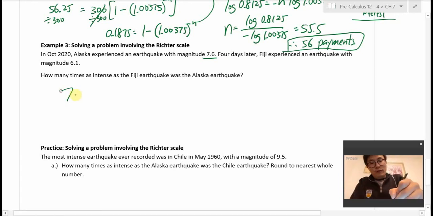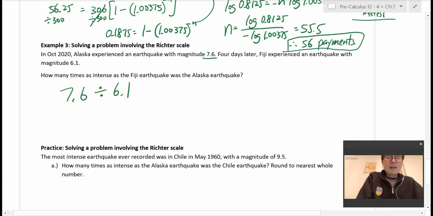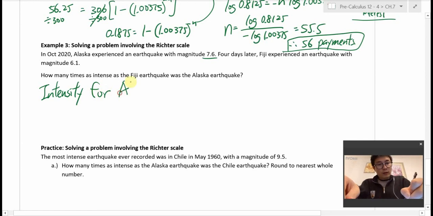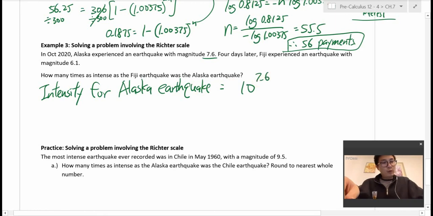You might think, well then, 7.6 divided by 6.1, right? Unfortunately, it's not like that, because again, these Richter scales really are about base 10. So the intensity for the Alaska earthquake is actually 10 to the power of 7.6.